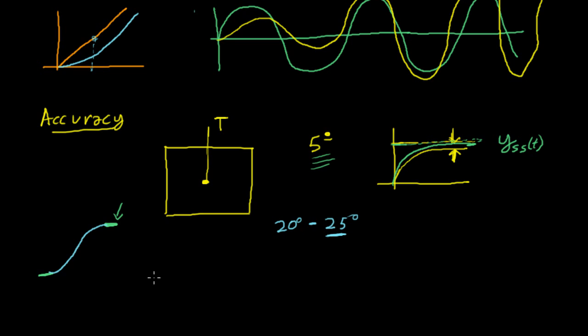We want it as soon as possible, and if possible, not by going up and down, not by freezing and then boiling and freezing again until we finally end up at 25 degrees.